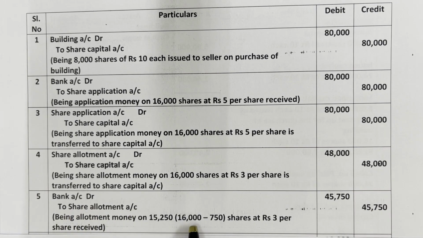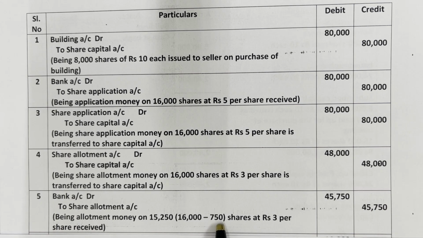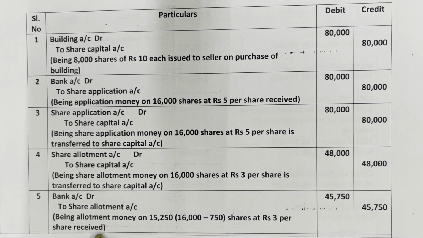Allotment money should come on 16,000 shares, but on 750 shares the company failed to collect the allotment money. So 16,000 minus 750, on 15,250 shares only at the rate of 3 rupees each, allotment money is coming. Mention that as a narration: being allotment money on 15,250 shares at 3 rupees per share received.